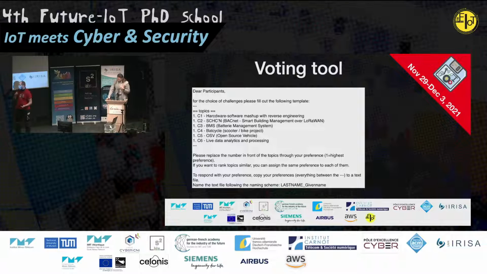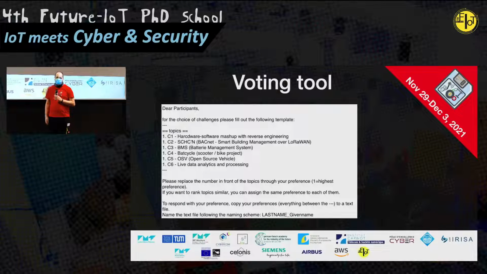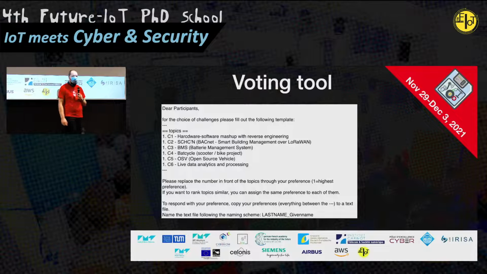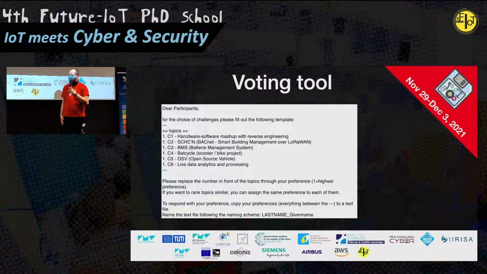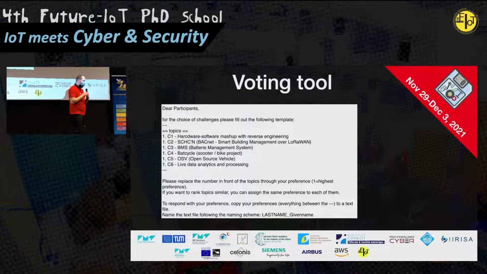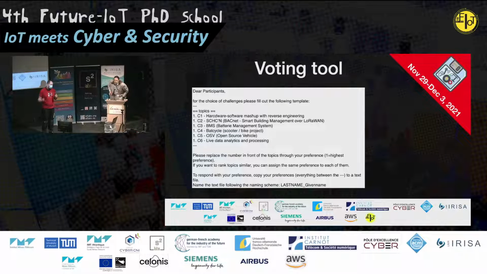So if you don't submit a preference, we will just take it as it is, so every challenge will weigh equally. And if you have any questions, you can also respond or write to my mail and tell me your question. Or you can also just walk to Christian and talk to him. It's also possible.